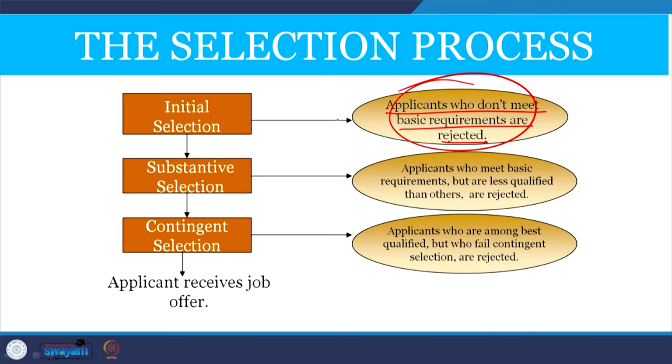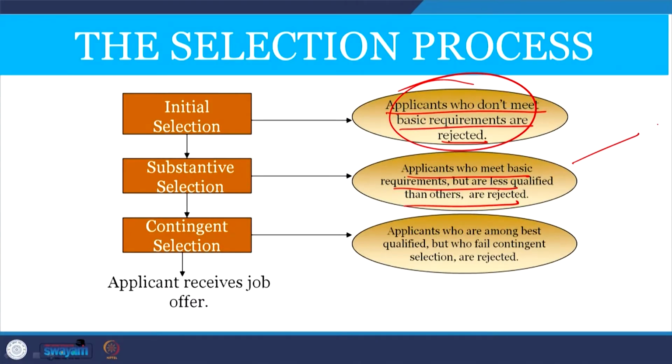In the first screening phase, if the candidate is not found suitable for a particular position, his application is screened out. Then in substantive selection, applicants who meet basic requirements but are less qualified than others are rejected. So, there is a comparative assessment made in comparison to other candidates who are equally qualified.